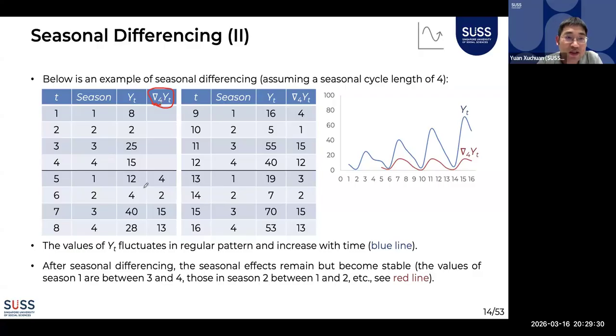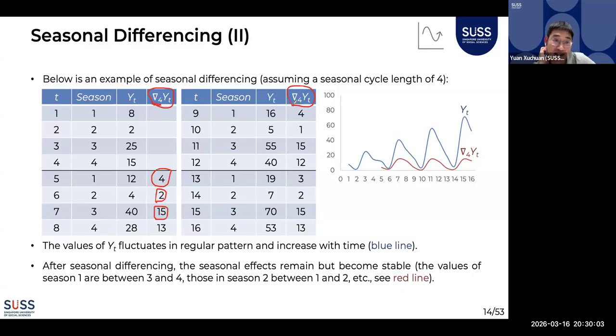This means you will lose 4 data points, because you will have y5 minus y1, y6 minus y2, y7 minus y3, and so on. This is your seasonal difference series.